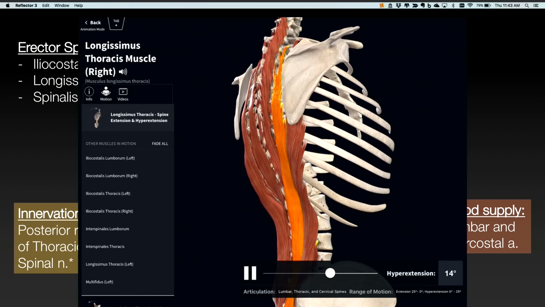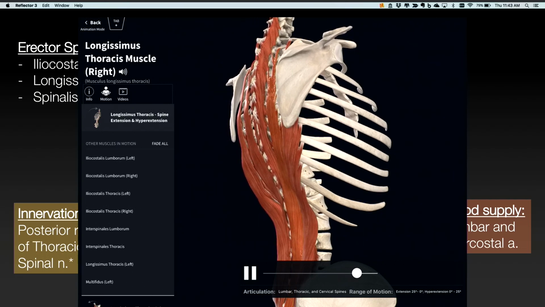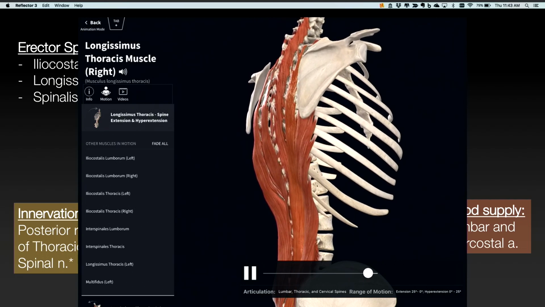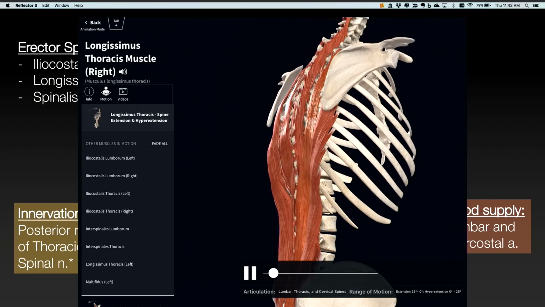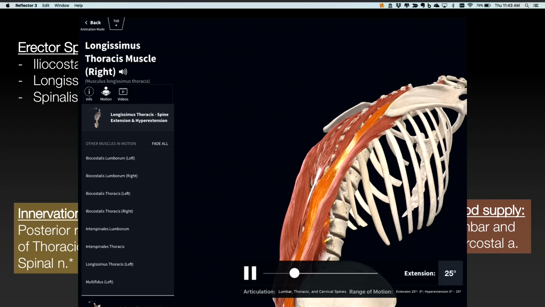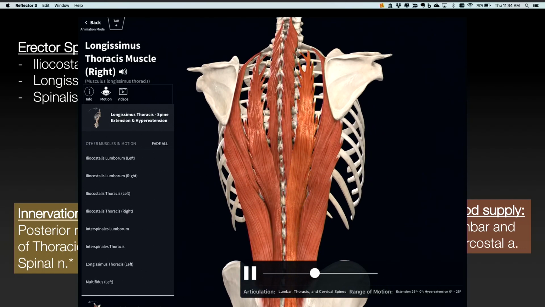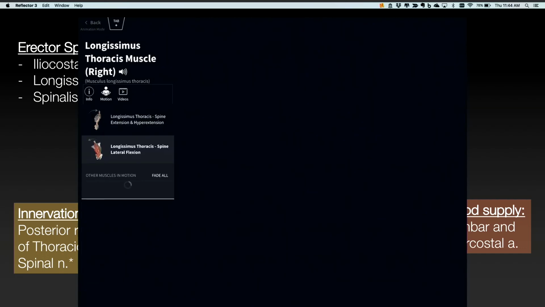All of these muscles do the same action. The caveat to that is that not all of them hyperextend. All of them extend, not all of them hyperextend. But I won't go into too much detail about that. So this is the main action of the erector spinae muscles, but they also contribute to lateral flexion.